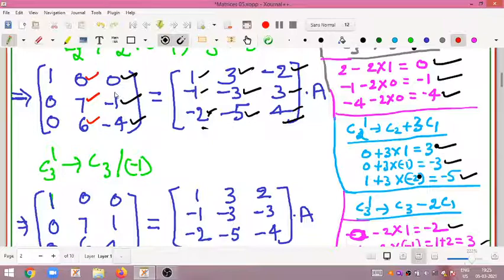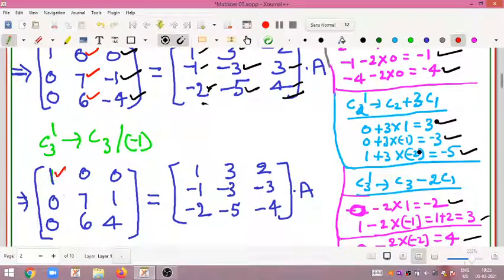So how does it become? That becomes divide throughout this column by minus 1. First column write as it is, 1 0 0, and second column write as it is, 0 7 6, and third column we want to multiply by minus 1, or divide by minus 1. So 0 1 4 will come. Same operation will do: 1 minus 1 minus 2, 3 minus 3, 5 minus 5, as it is.